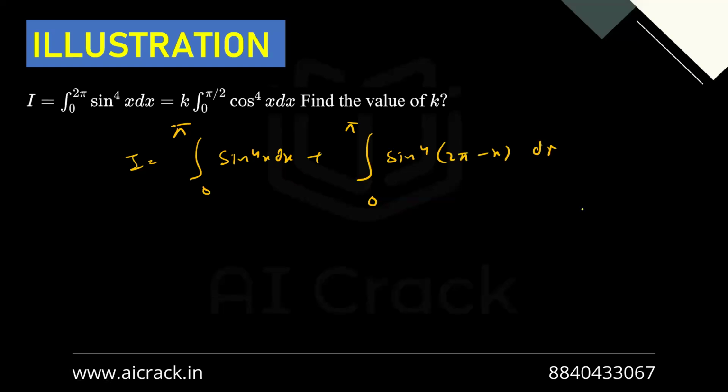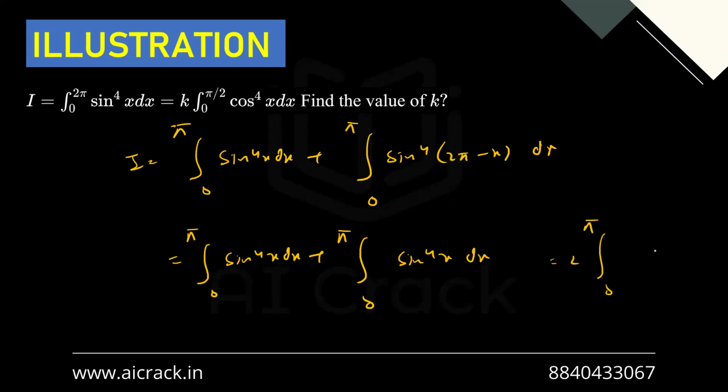Now we know that sin of 2 pi minus x is minus sin x, but since we have the even power, it becomes sin 4x only. So this becomes integral 0 to pi sin 4x dx plus integral 0 to pi sin 4x dx, which is 2 times integral 0 to pi sin 4x dx.